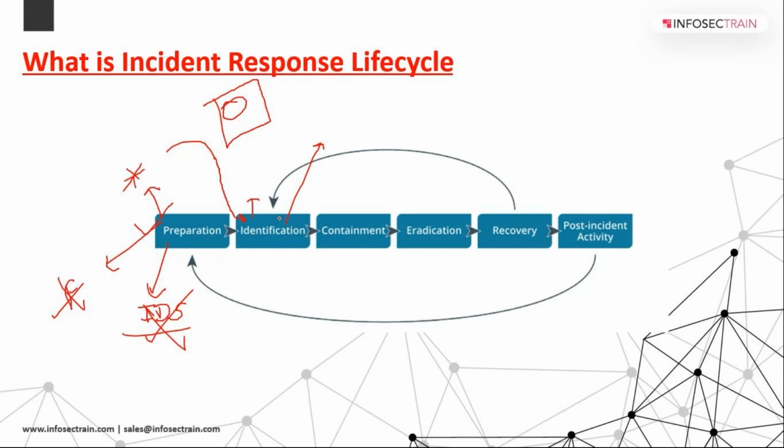He bypassed all the security measures in place and now he's just sitting there. That's the problem. So if someone has entered and compromised my system, I should be aware of it. That all comes under identification. Okay, correct.